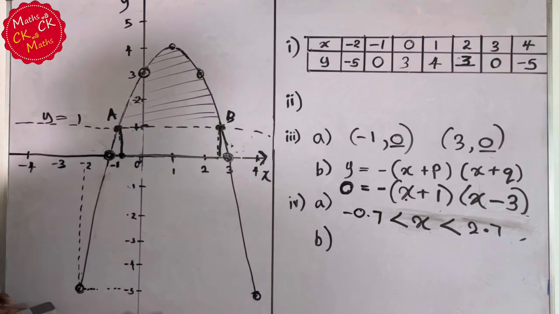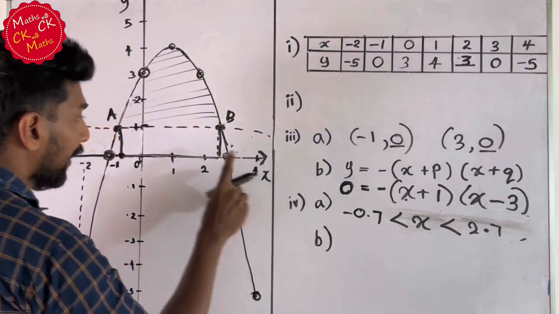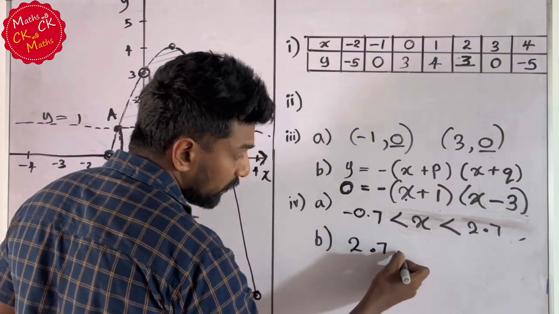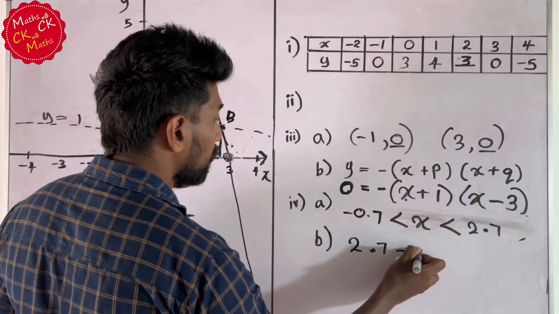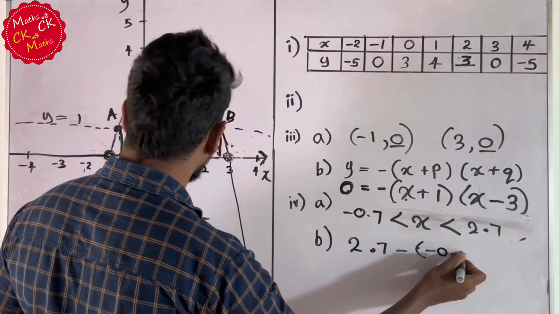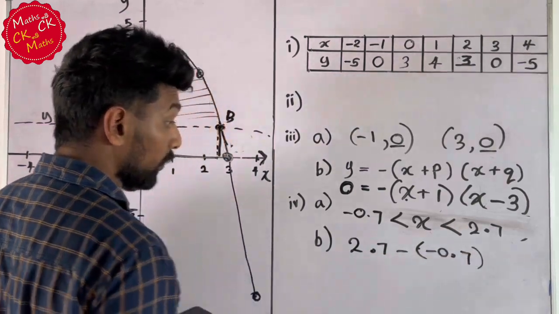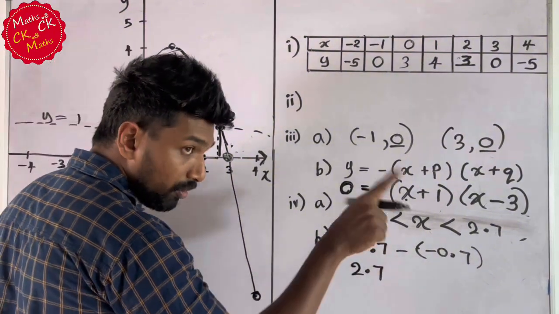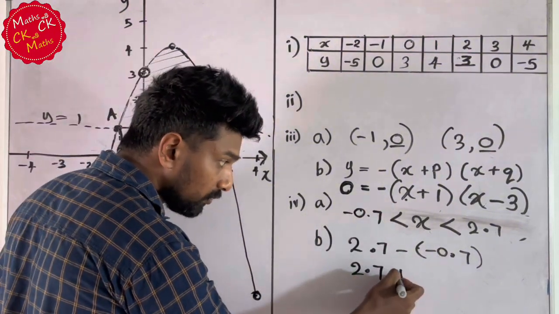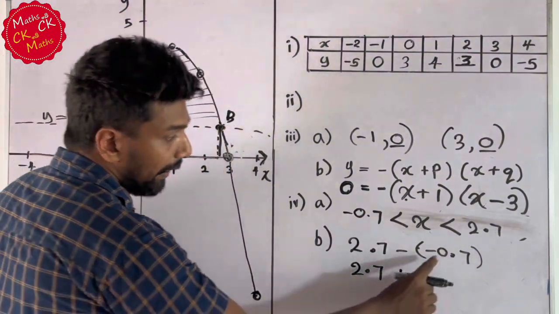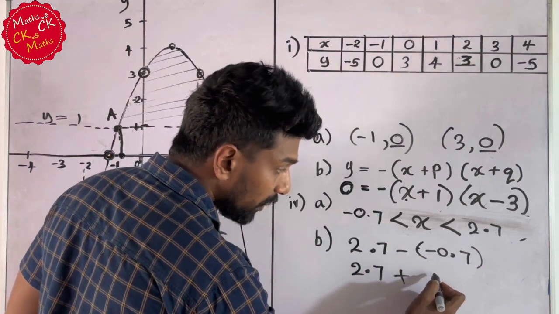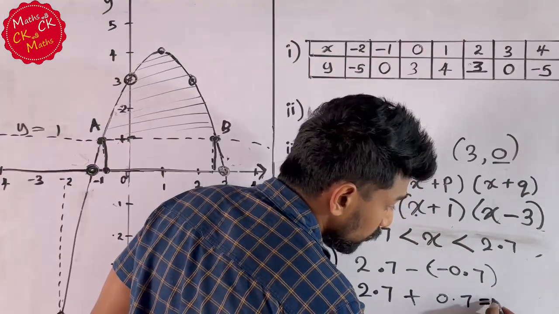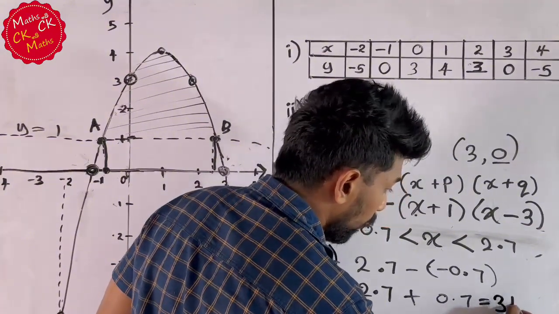This is -0.7 and here 2.7. Then 2.7 subtract minus 0.7. What is the value? When subtracting, you have to add the additive inverse: subtraction changes to plus, and minus changes to plus. It's 3.4.